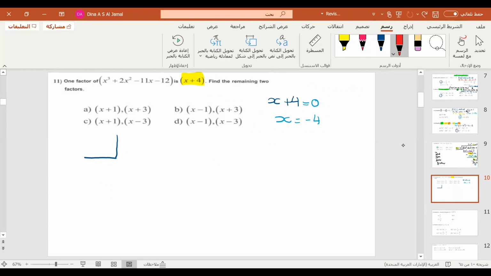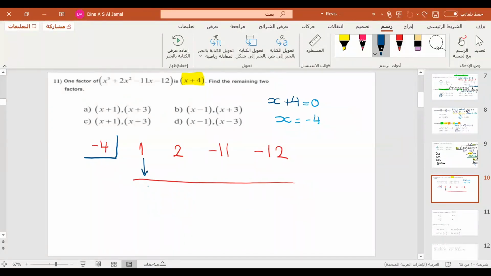I will put here minus 4, and now let's put the coefficients of the polynomial: 1, 2, minus 11, and minus 12. Great. Now I will put the line, and I will bring 1 down.